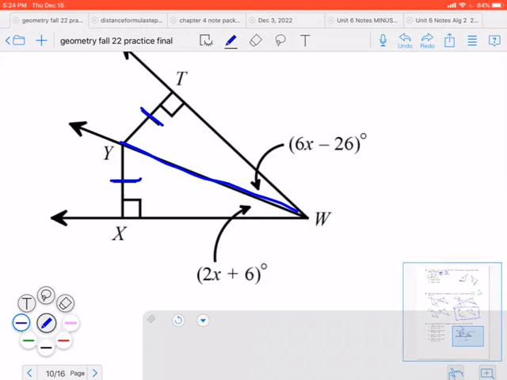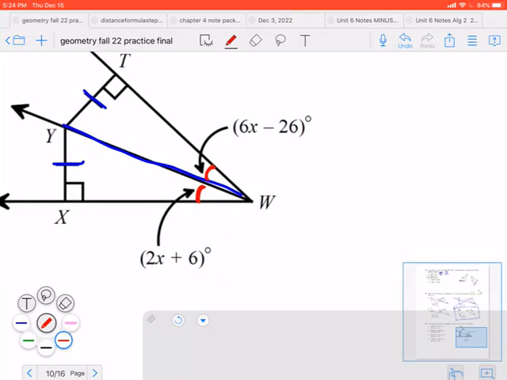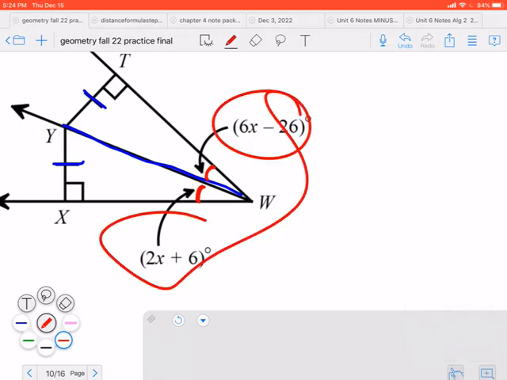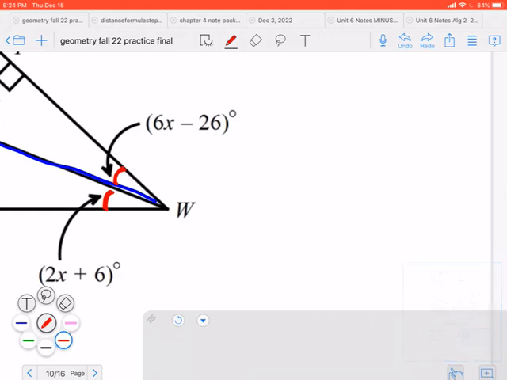So if the two triangles are congruent, the top one and the bottom one, then all of its parts are congruent. So this angle would be congruent to that angle, and those are the ones they gave us these expressions for. So if they're congruent, then we would be able to write 6x minus 26 is equal to 2x plus 6.